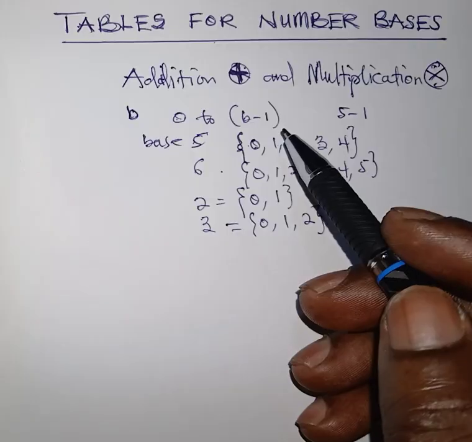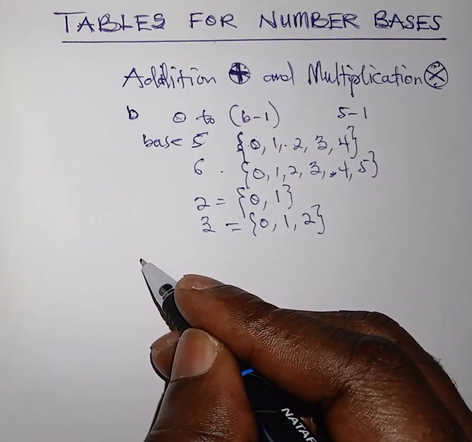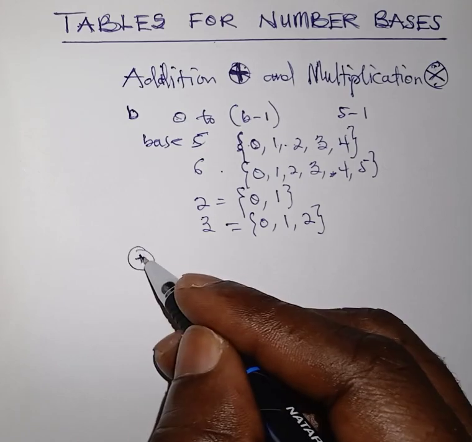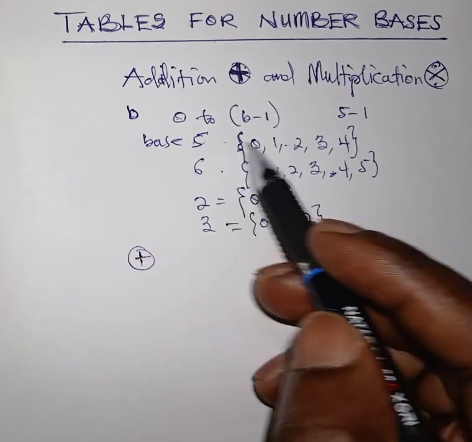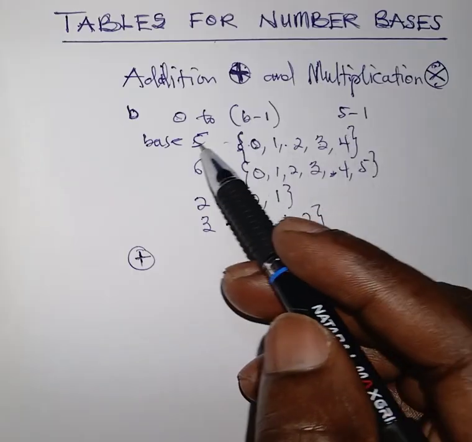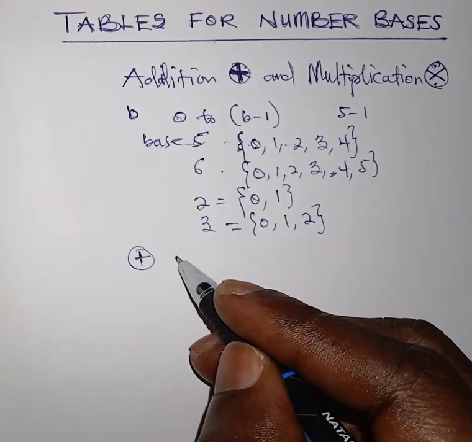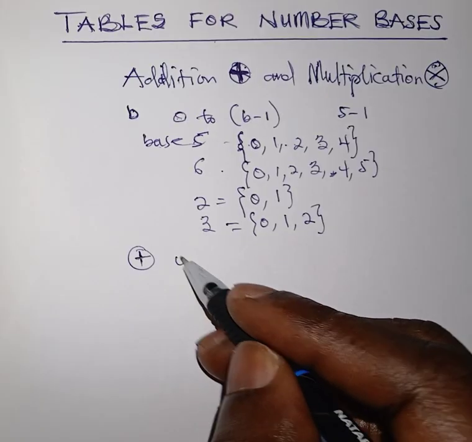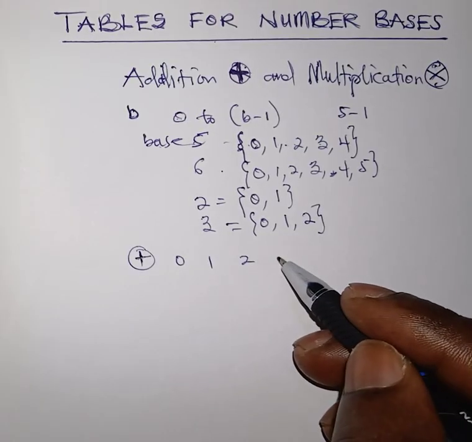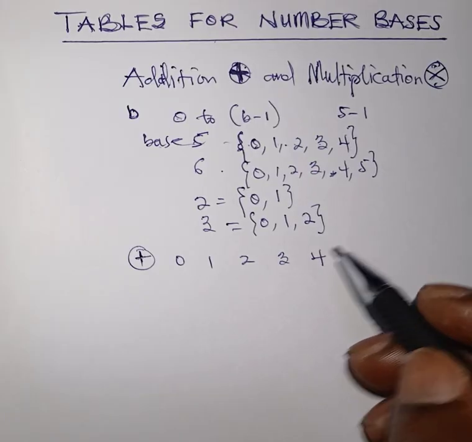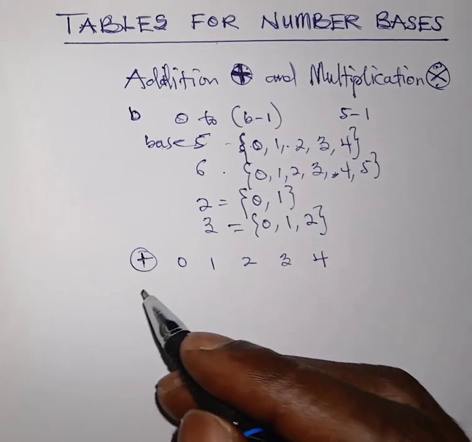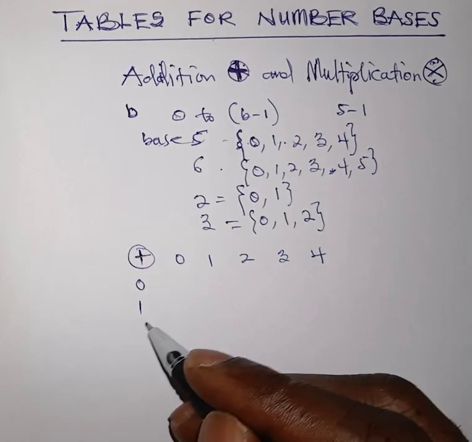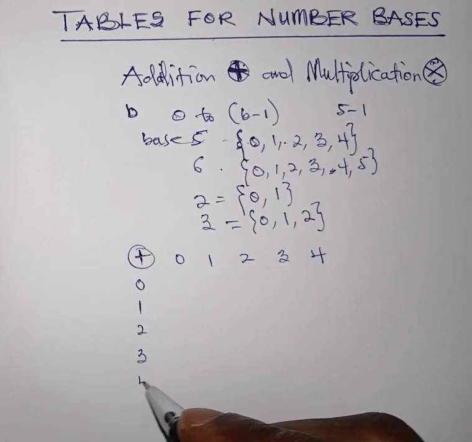And if you are to construct an addition table for a given base, you write the addition sign here, then the set of numbers you've generated for base 5, you start writing them on the first row. So 0, 1, 2, 3, and then 4. That should represent the first row. And on the first column here, you write 0, the same numbers, 2, 3, 4.